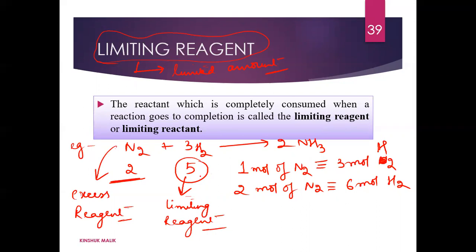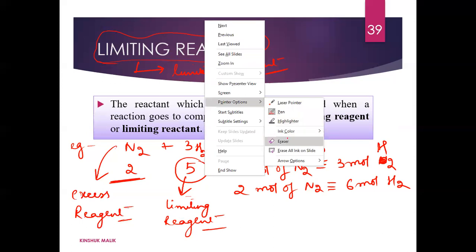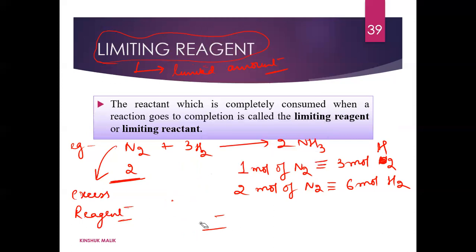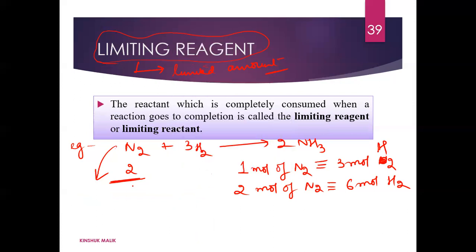Next, if we change this example, for instance, if instead of 5 moles of hydrogen, you are given 7 moles of hydrogen, then what is the limiting reagent in this case? Nitrogen.